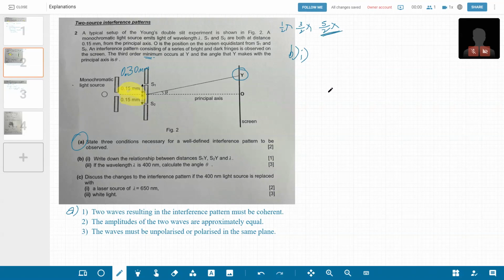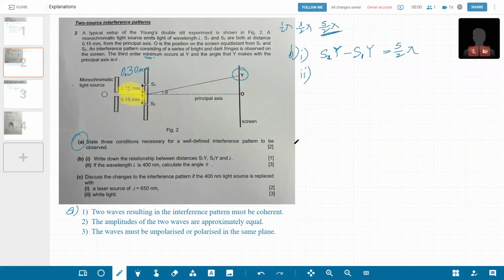So that means that S2, you see that it's nearer to S1Y. So S2Y minus S1Y must equal 5/2 lambda. So this is the relationship.